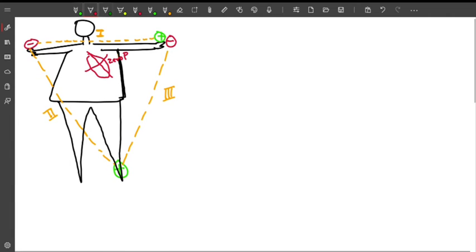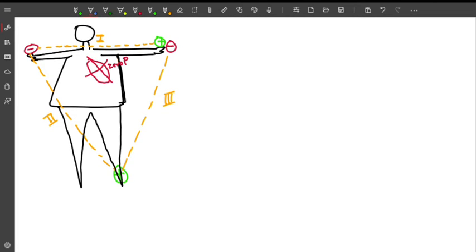So we will place the augmented leads and mark them as blue. At this point on the left arm, we will have AVL, AVR, sorry, AVF.